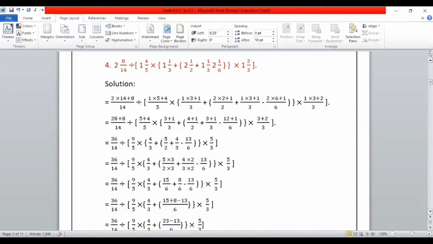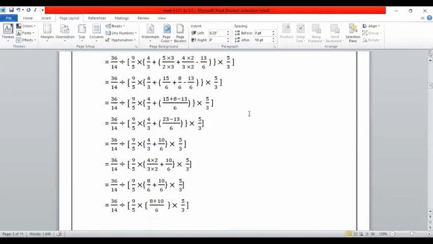Dear student, I will do the addition first of all. Here, the rest of the values I will keep the same. When their time comes, I will do their simplification. Here, 15 plus 8 will be 23 and minus 13. 23 minus 13, the answer will be 10 over 6. And after simplification of 10 over 6, this bracket is removed.